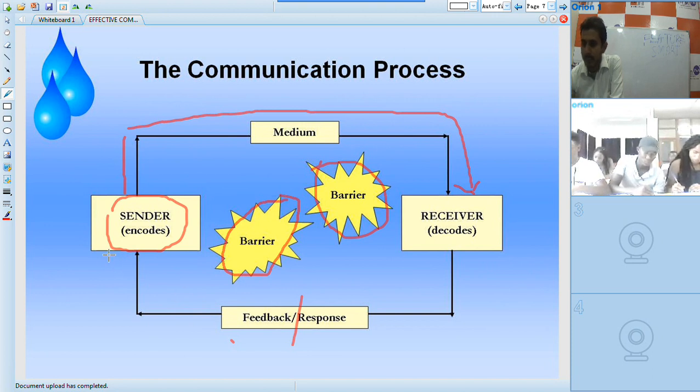While the message is generated from the sender and comes via the medium to the receivers, the communication process may suffer from various barriers. Later we will discuss the various barriers. What are the barriers of communication?